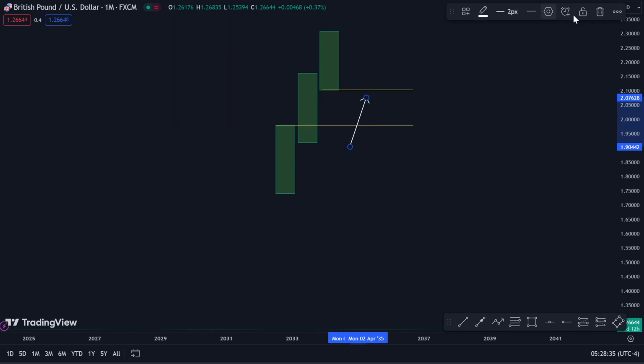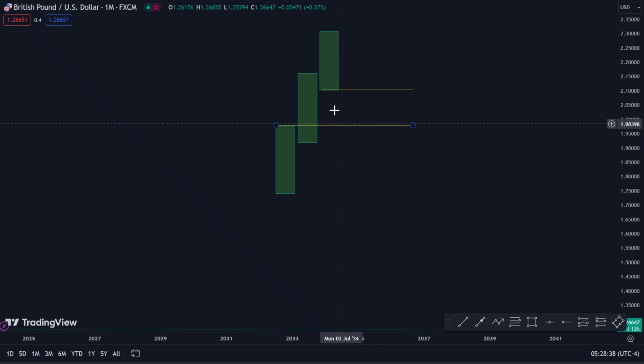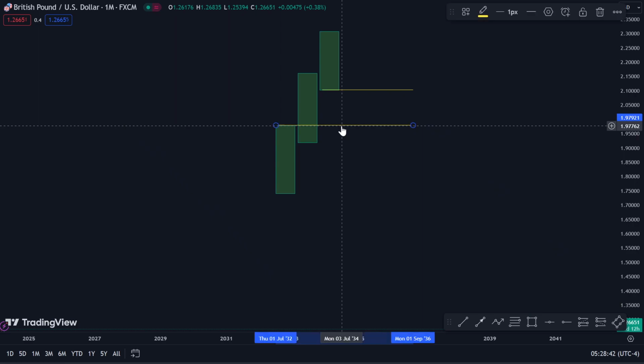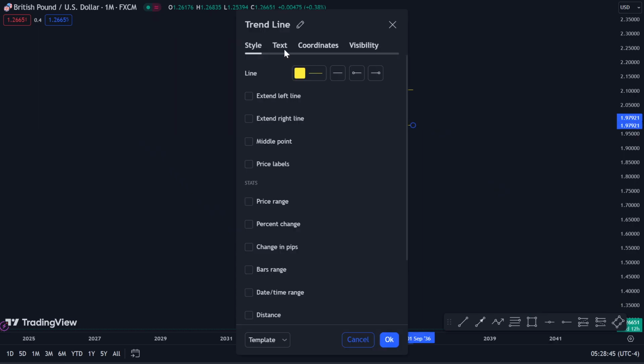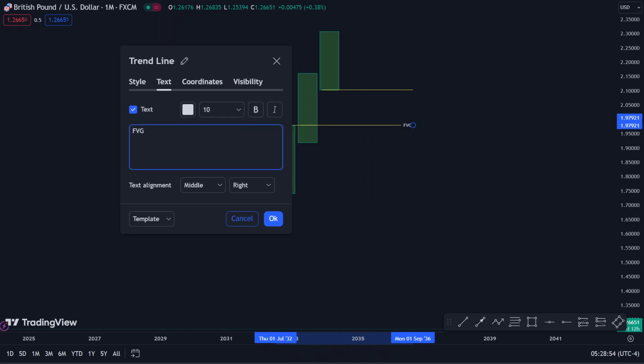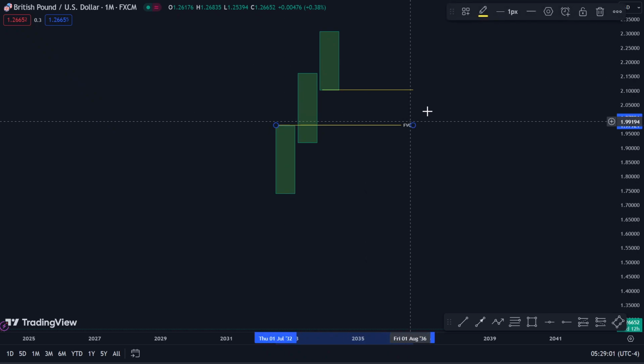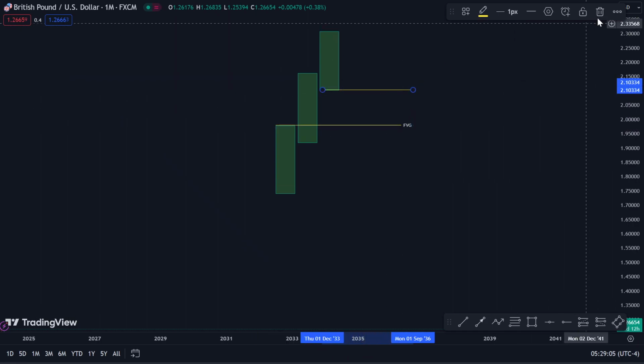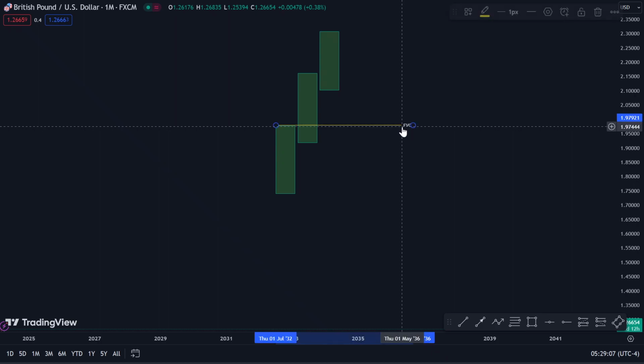So in our case, we'll add a text. That's our fair value gap. Allow me to use a rectangle.